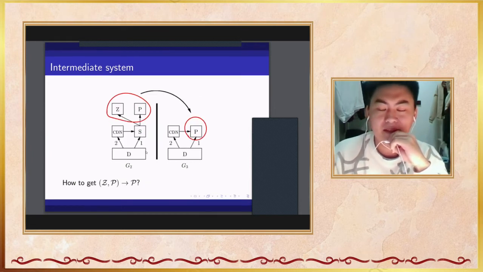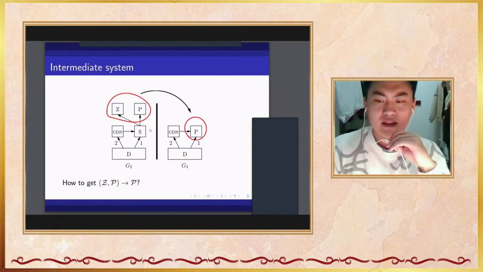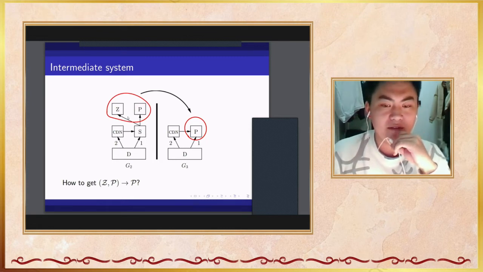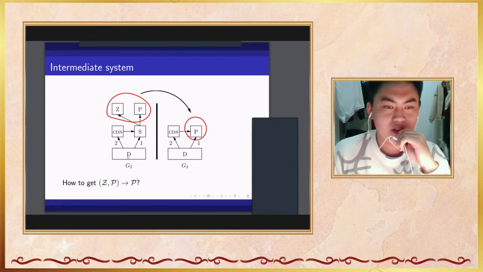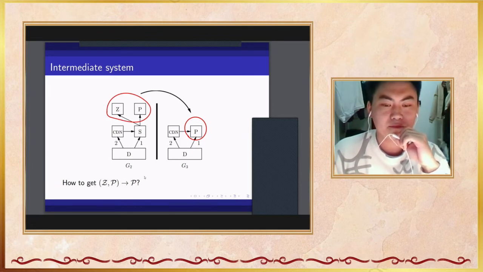Next, we find the distance between the real world and the intermediate system. We noticed that the real world only has access to P, so the situation is different. The most important thing is how to get from the pair ZP to P.